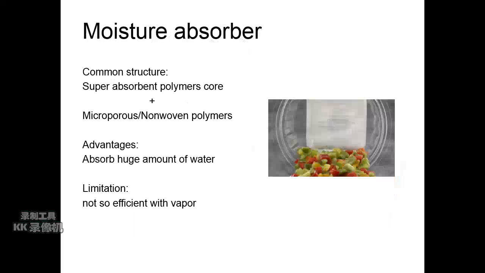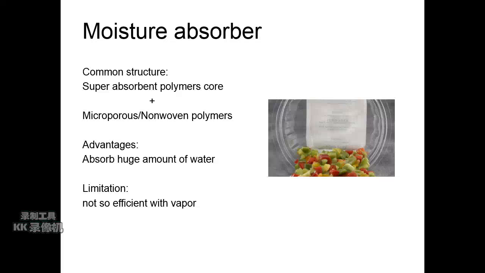So first, for the moisture absorbers, the most common absorbing system consists of super absorbent polymers as the core, and to achieve the function between two layers of microporous or nonwoven polymers. The product can be a pad as shown in the figure, and there's also another common shape, which is a tray of the super absorbents.